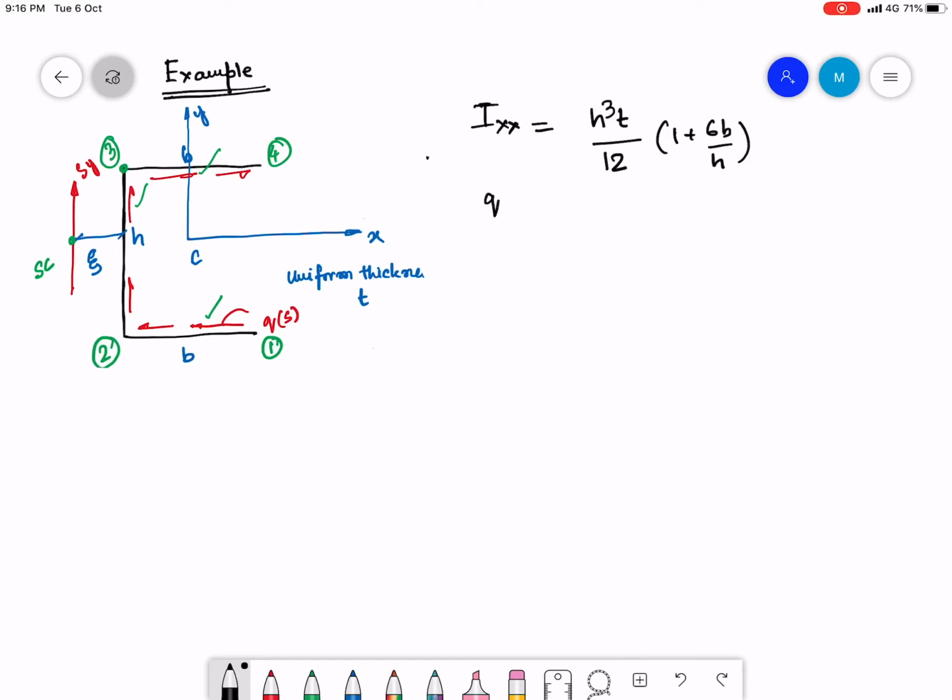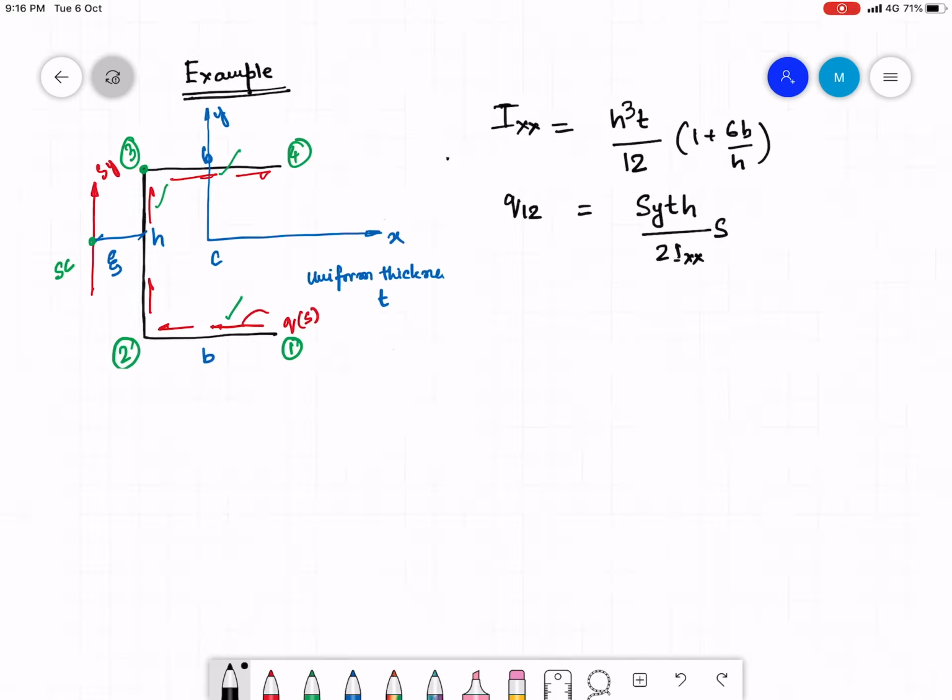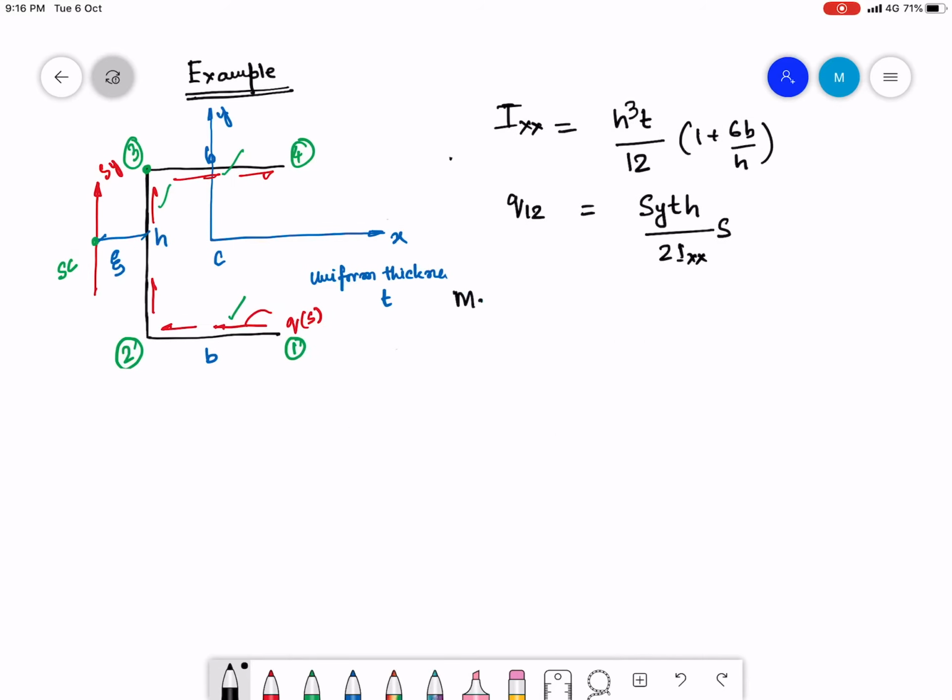And Q12 is equal to Sy t h by 2 Ixx into s. Now let us try to find out the moment at point 3 due to Q12. So that moment is going to be what?